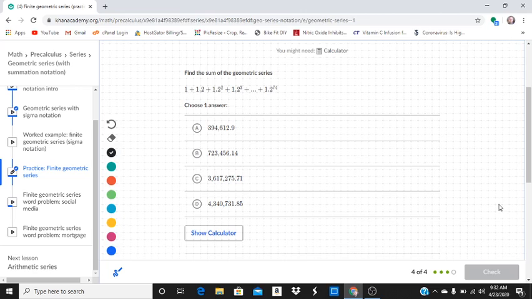We're going to find the sum of this geometric series. Let's start identifying a, the first term. So a is going to be 1. The common ratio is the second term divided by the first term, so r is 1.2 divided by 1, which is just 1.2.